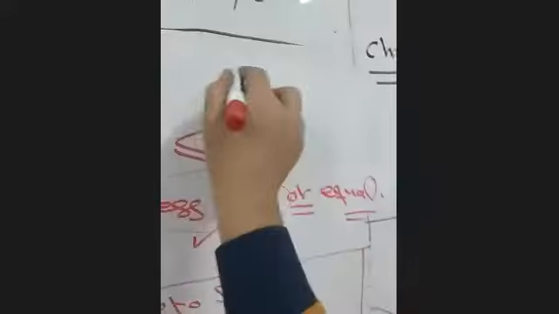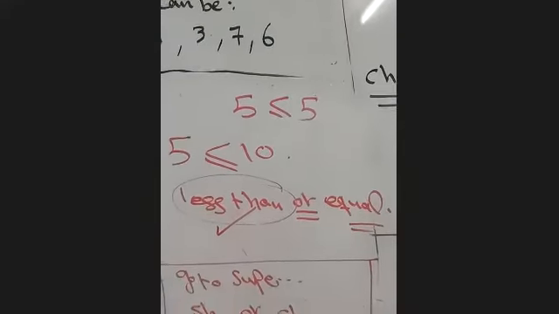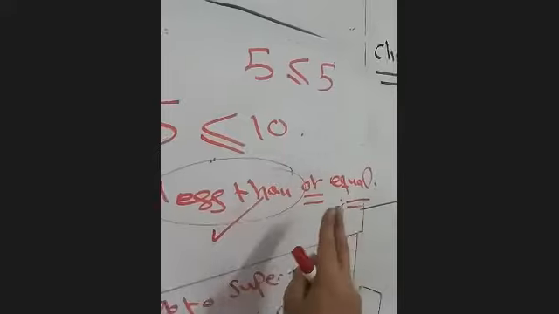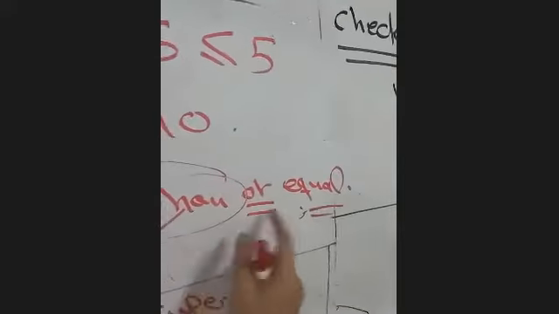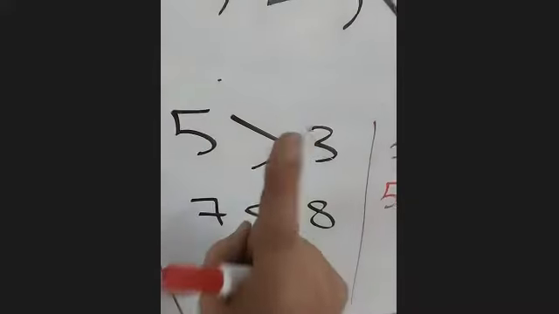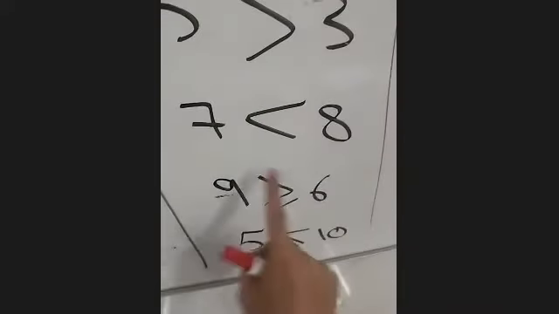No need to talk about this one. But when I say 5 less than or equal to 5, what will I choose? The equal. Got it? So if you have this, it means you have two choices, less than or equal. But if you have this, you don't have two choices. You have only one choice, which is more than, less than.